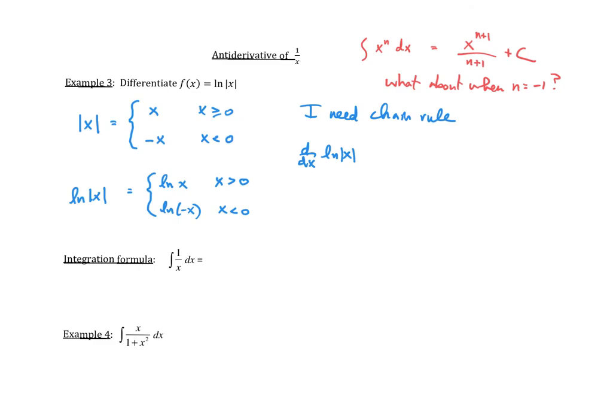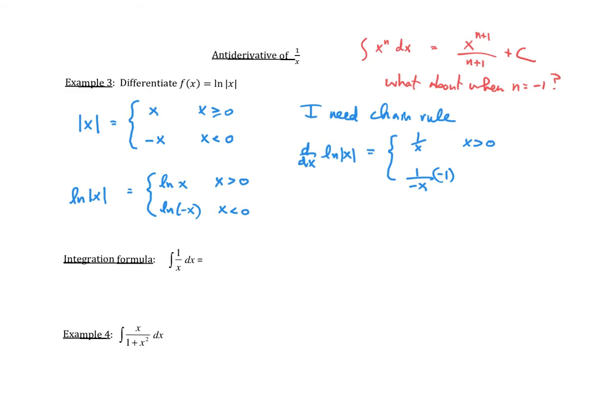So when I take the derivative of this, when x is greater than 0, the derivative of natural log of x is just 1 over x. That's when x is greater than 0. Now, when x is less than 0, the derivative of the outside function, natural log, is 1 over something. We need to keep the inside, so that's 1 over -x. And then when we use the chain rule, we've got to multiply by the derivative of the inside function. The derivative of -x is -1.